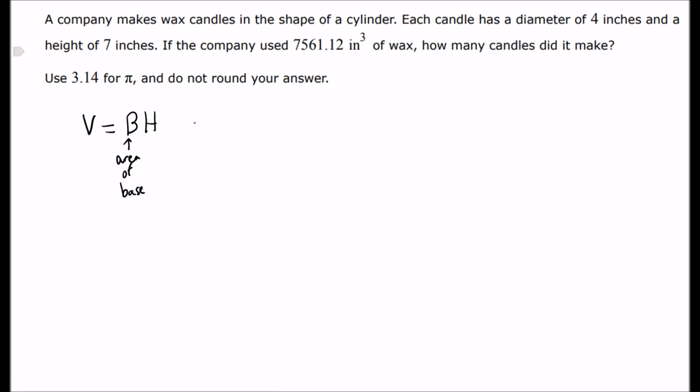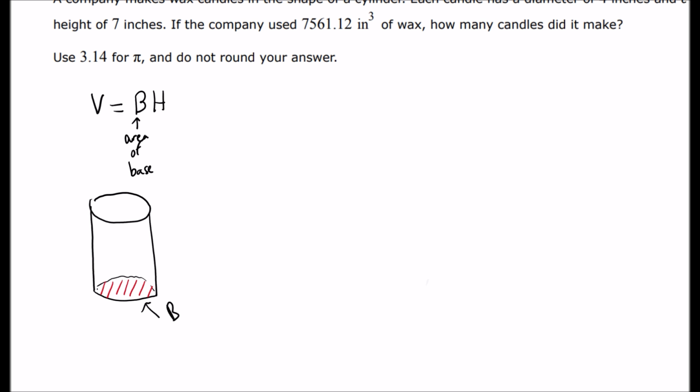And so if we were to draw out a cylinder, we know that the base of the cylinder is a circle. And so the area of the circle is going to be our capital B. Well, then what's the area of the circle?